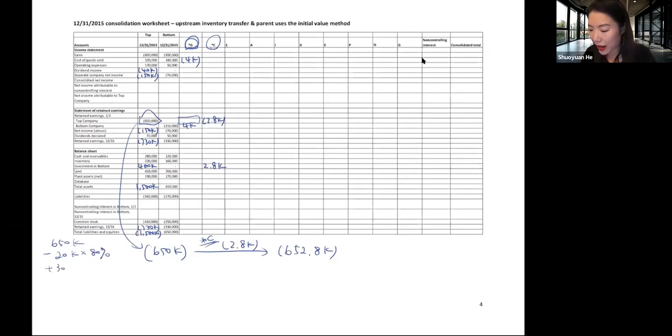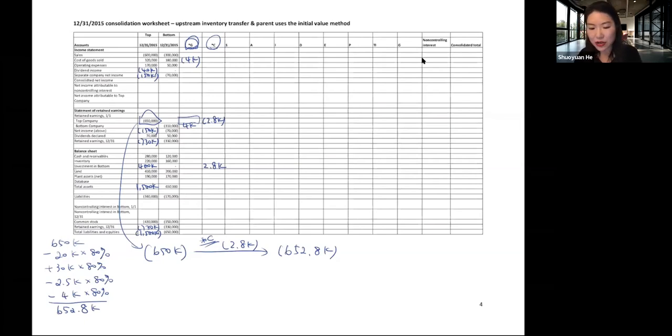And then we need to add back the net income that should be counted as income. Take out amortization, which should be taken out under the equity method. And then we take out the intra-entity profit in the previous year. But in this situation, because it is upstream transfer, we need to take 80% of that. And this will give you 652.8 thousand.